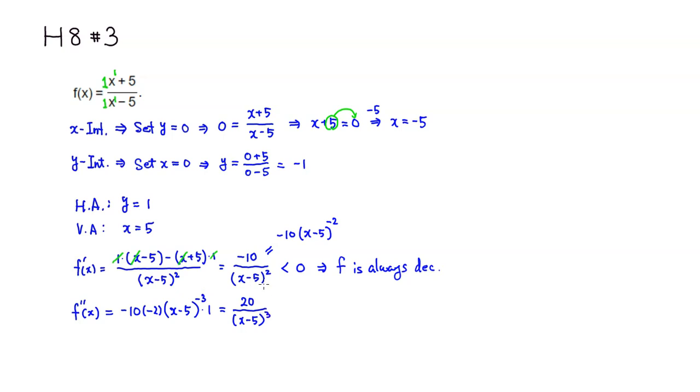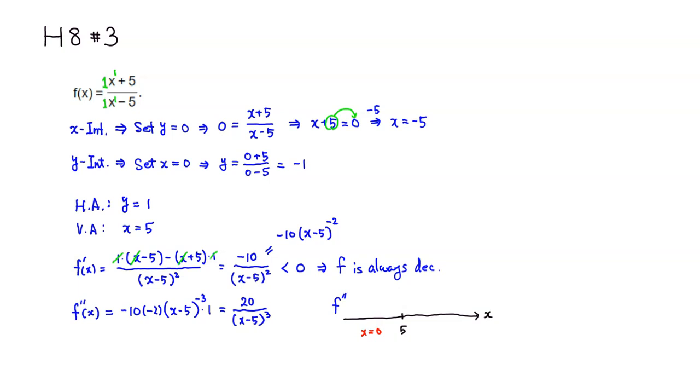Right, so let's do a number line. Draw a number line, and then you have x. The tick mark would be x equals 5, because the function is not defined there, so I'm going to put 5 there. Let's look at the sign of the second derivative. For a sample number less than 5, I'm going to try 0.